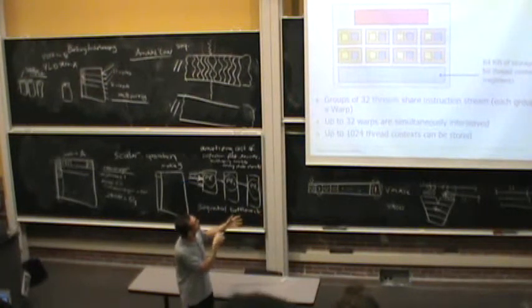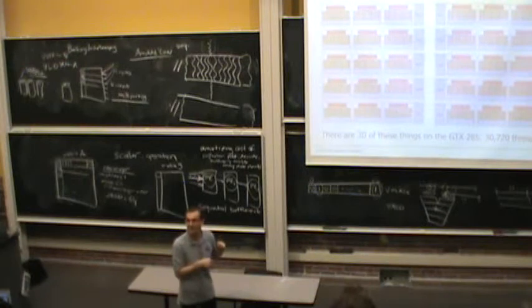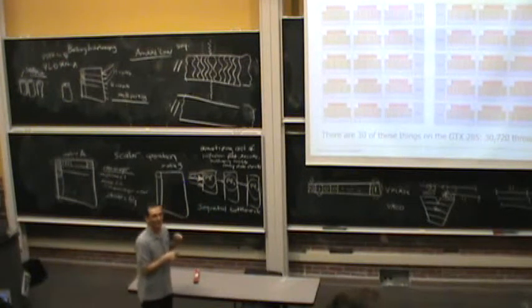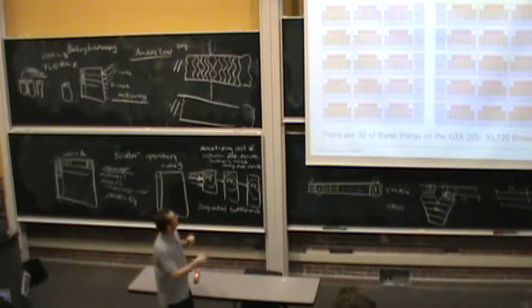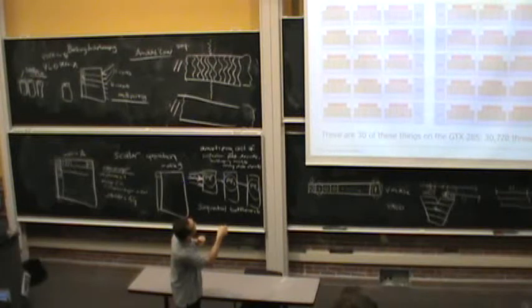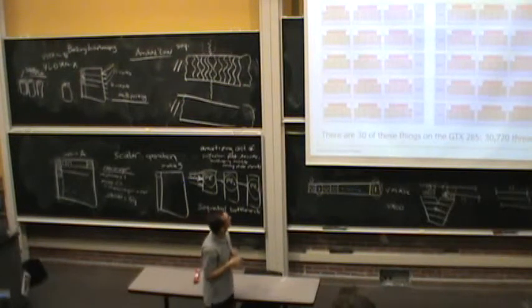This NVIDIA processor has 30 of these, so you really have 30,720 threads. The interesting thing is, some of them can be executing at different PCs. So you don't have SIMD across all of them because you have different program counters in each of them. The SIMD really happens within this core.